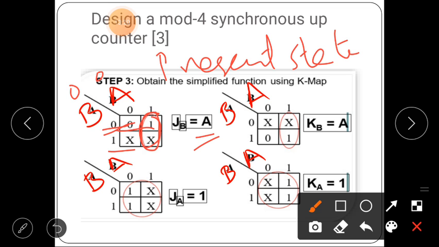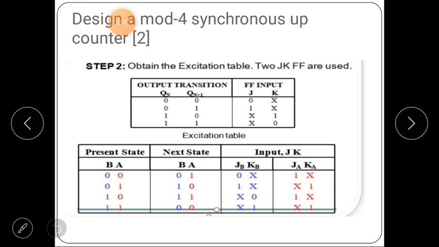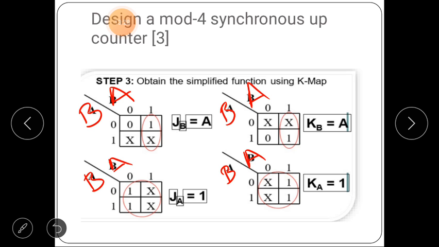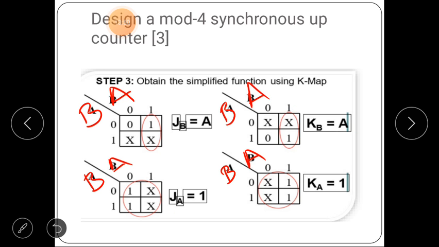And for KB, what will KB be? KB will be x x 0 1. So put x x 0 1. Here also we group these cells, then we get A. KB is equal to A. For JA, what will be the input?